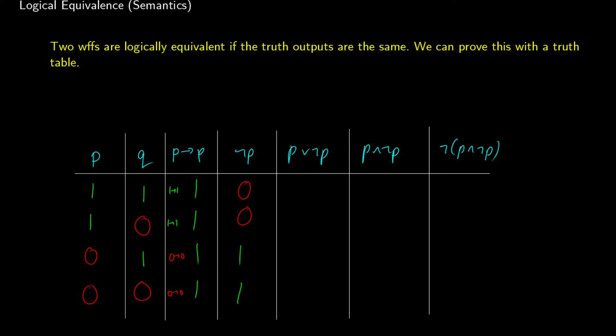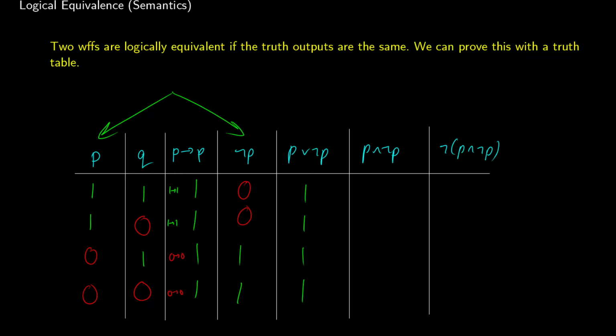Okay, now we can do P or not P. If one of them is true, then P or not P is true. So looking at these two columns, in the first two rows P is true, and in the last two rows not P is true. So all of those are true.